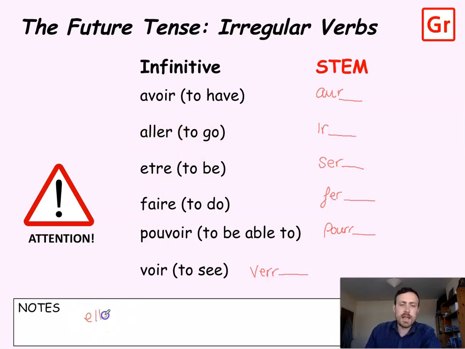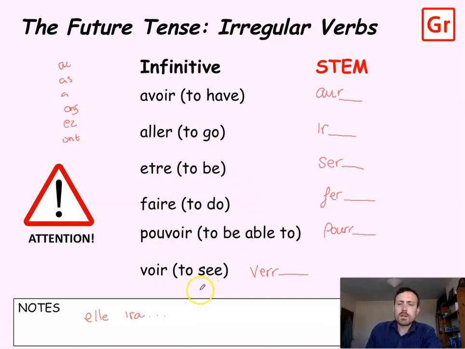So it's still going to be elle, and instead of aller, we're going to take this stem here, IR, and we're going to add the ending. I'll just write the endings here to remind you: AI, AS, A, ONS, EZ, ONT. It's the third one down, it's A. So it's elle ira au supermarché, au stade, whatever it might be.